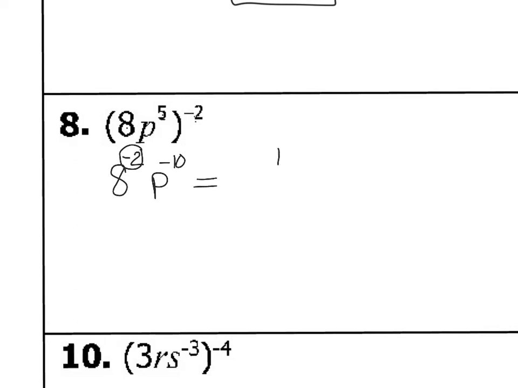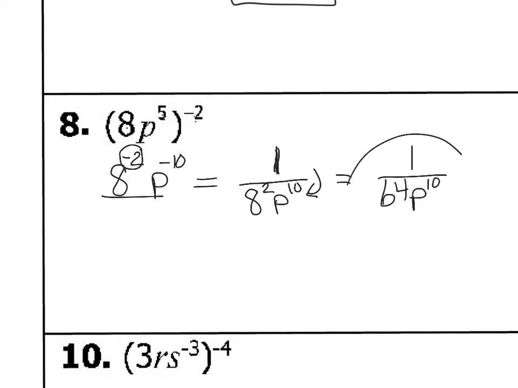So I'm going to put both of these to the bottom to make them positive. I didn't have anything left on top, so I'm going to put a 1 there as a place marker, because if I don't, you can't distinguish that that's a denominator. So just put a 1 there. Now, I can simplify it one more time. What's 8 squared? 64. So that would be your answer.